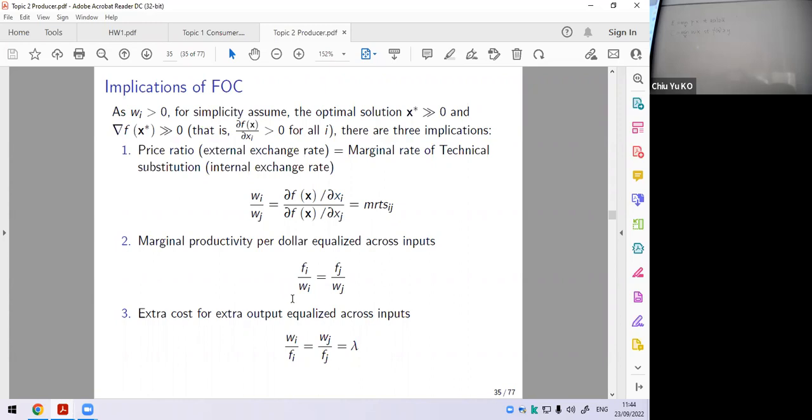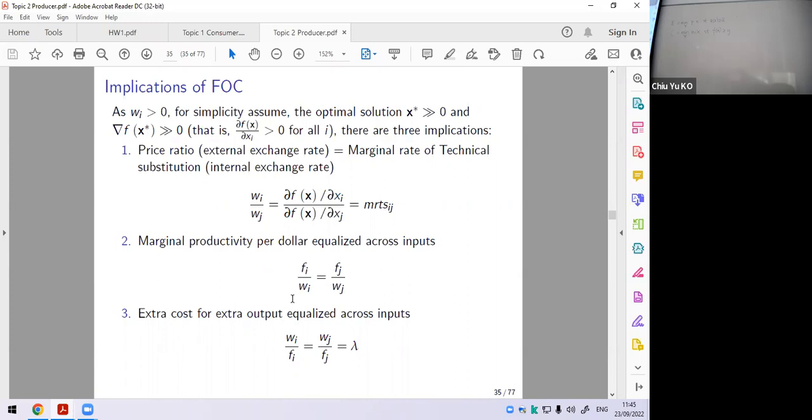Okay, so let me repeat. If you put in one more unit, you spend $1. How many units of i can you have? 1 over Wi.